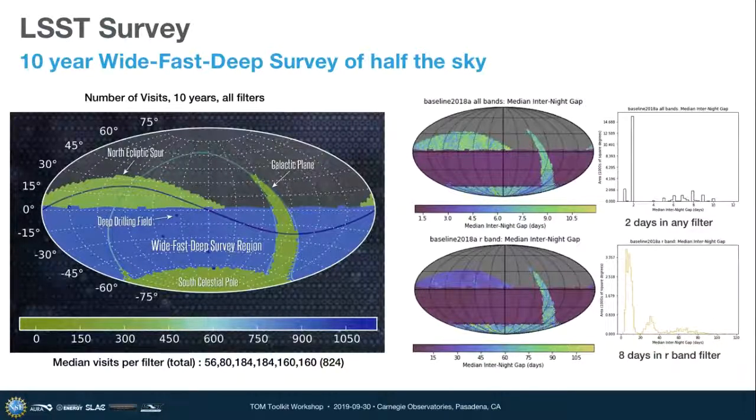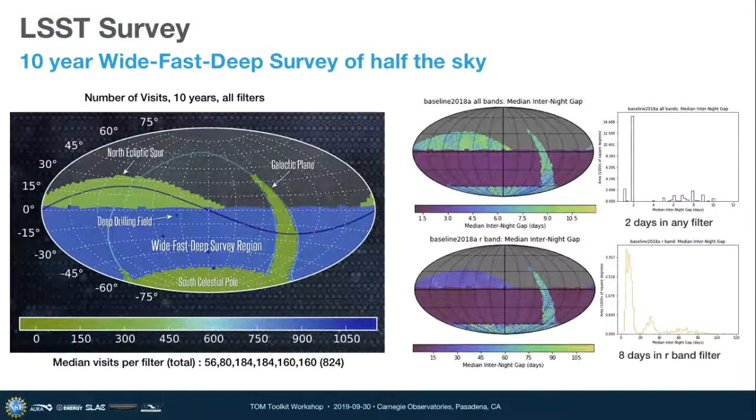On the right, you see the time structure of the survey. The upper part shows the time difference between visits to the same place in the sky in any filter. And the median of that distribution is 2 days. And then on the bottom, we show the equivalent time structure for revisits in a single filter, in particular in the R band.